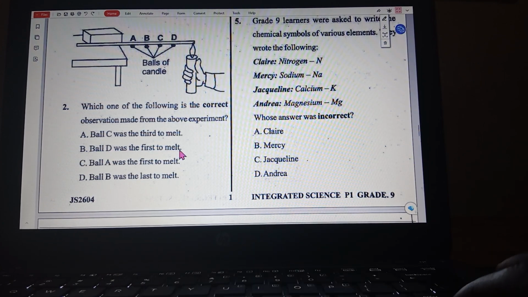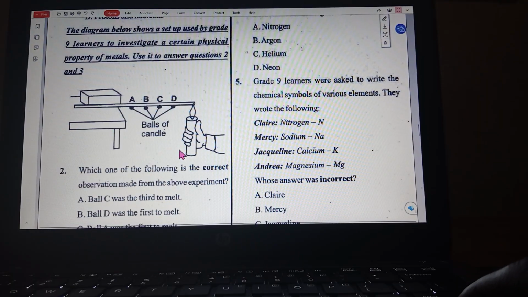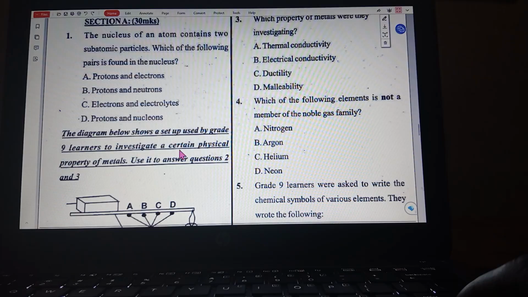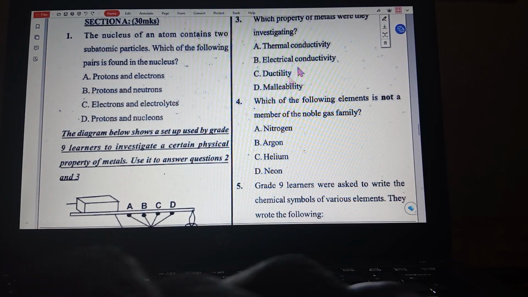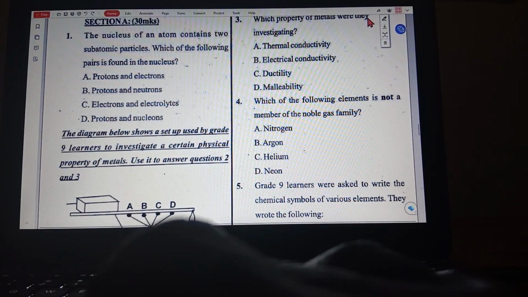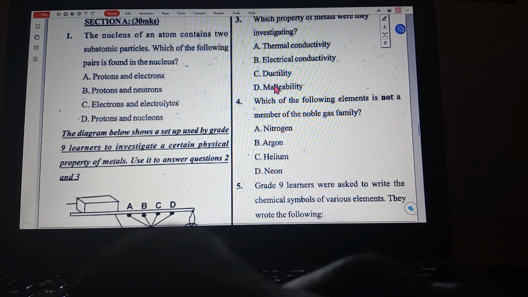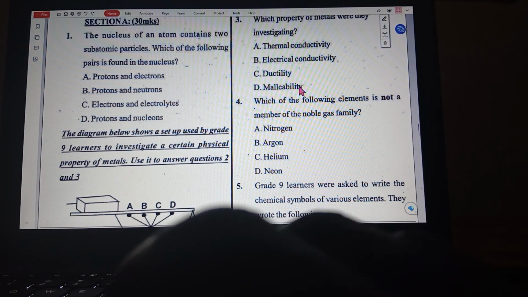Now let's look at question 3 on top here. Which property of metals were they investigating? Let's begin with option D, malleability.